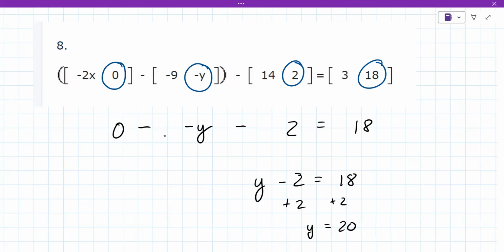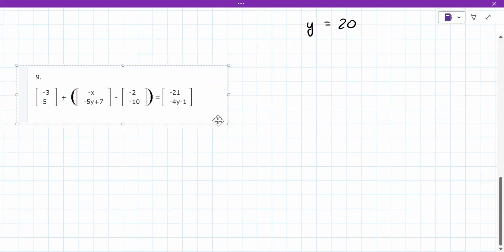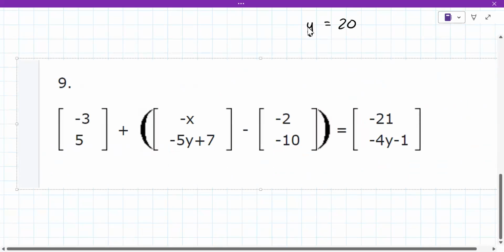But it's essentially this format where you grab stuff from the matrix and set it equal to each other. Let me grab number 9 and we'll take a look at that. This one's a little bit more intuitive.